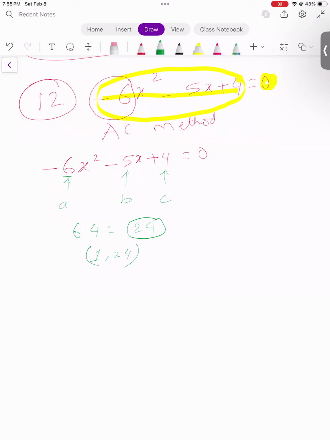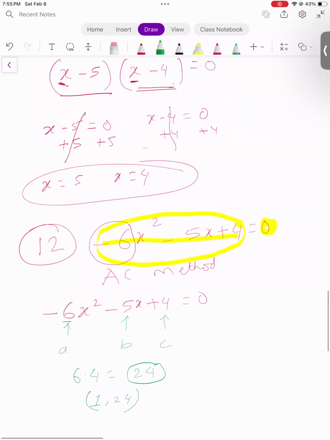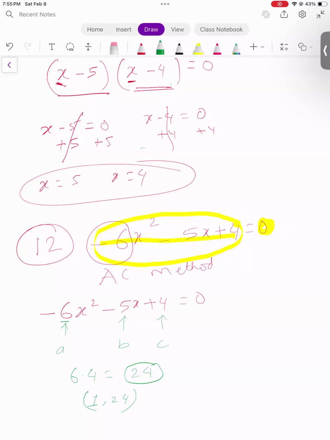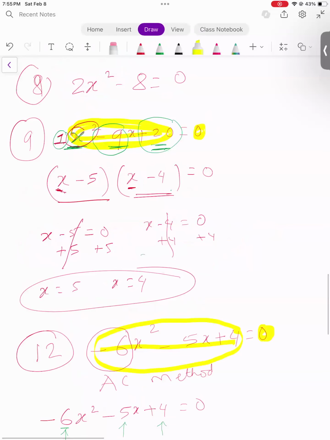Sorry, may you re-explain why we are using the AC method and not FOIL, please? Now, you can still use FOIL here. You can always use FOIL and the AC method for all quadratic forms. But if the coefficient of the square term is 1, FOIL is easier. So we always use FOIL if the coefficient of the square term is 1.